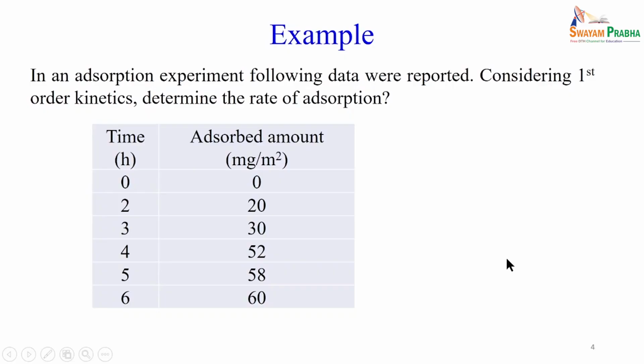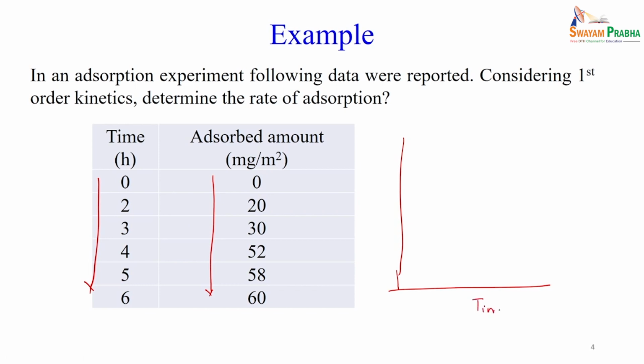As I told, once we know various experimental methods to determine the adsorption amount with time, we will have this sort of data. With increase in time, there will be an increase in the adsorbed mass. So, if you plot time and mass, it should typically go like this and reach a plateau.